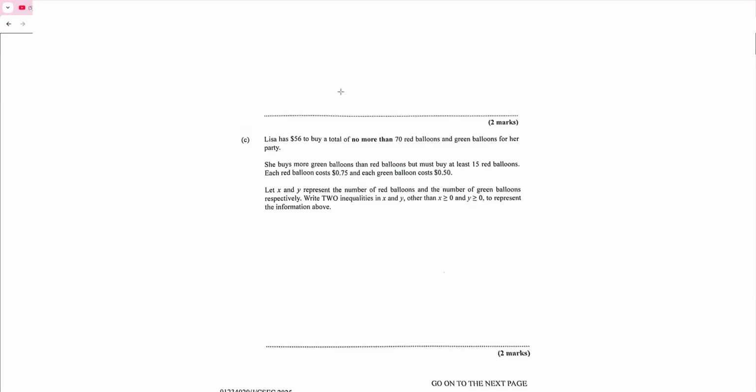All right, so let's take a look at this question. Now, this question involves inequalities. Now, let's just recap inequalities to make sure that we understand.